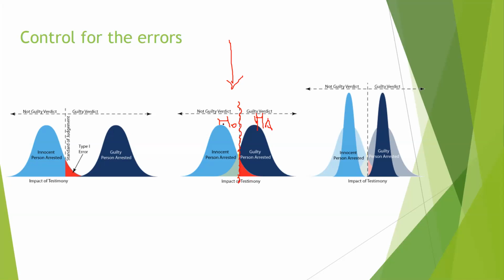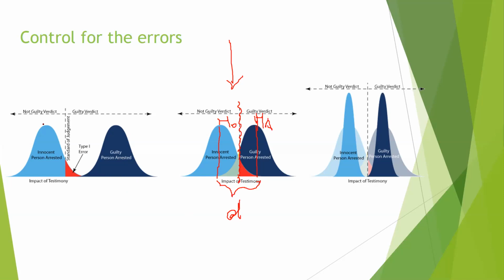For example, the distance between the null hypothesis and the alternative hypothesis, let's call this distance, there's a statistical term called the effect size. So if we can have a better design with a larger effect size, then we can reduce both errors.